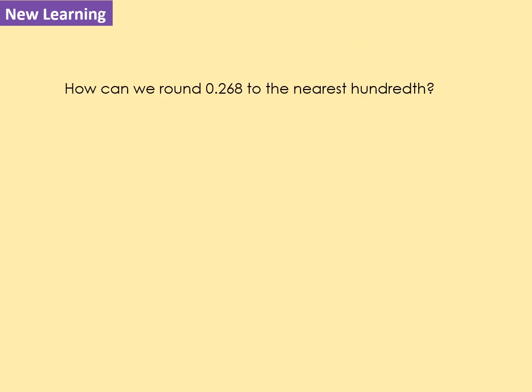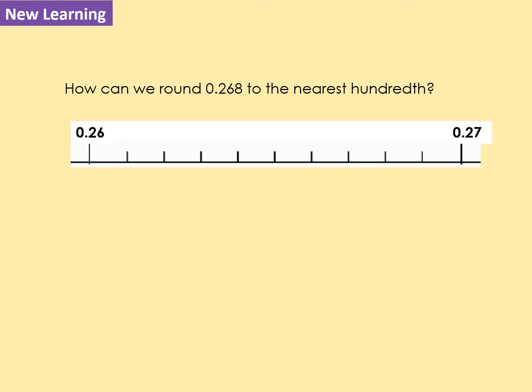In this next example, we're going to see how we can round 0.268 to the nearest hundredth. Again, I've got 0.26 on the left-hand side and 0.27 on the right-hand side, and again 10 equal sections on my number line. So 0.268 fits in just here, which is 8 sections across from the left.